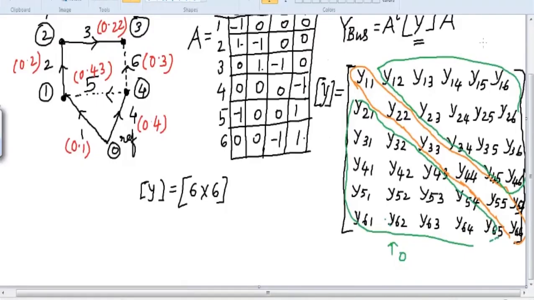So all the elements related to this will be 0. You have to just insert the values in the diagonal part, that is y11, y22, y33, y44, y55 and y66.